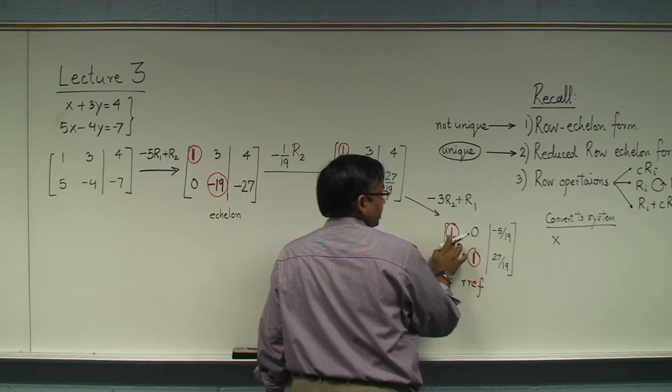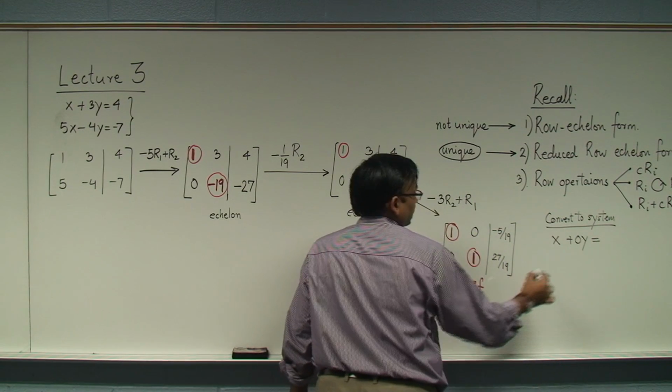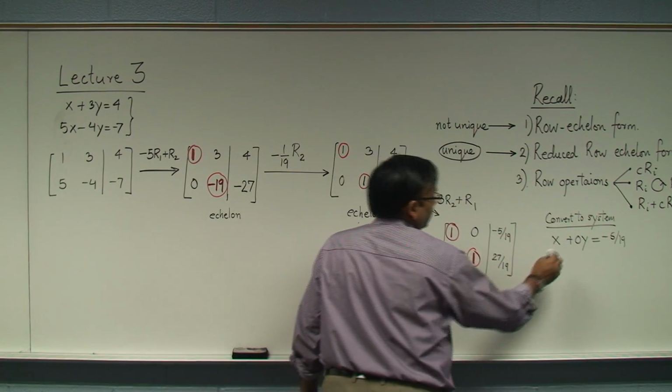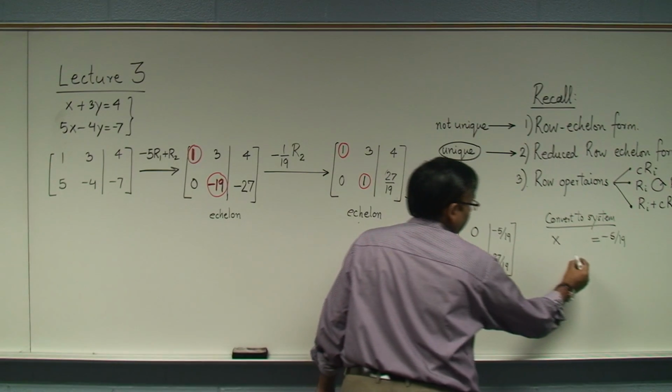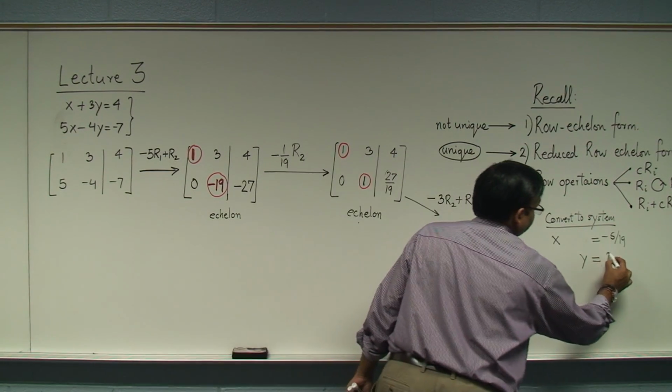This will be x times 1 plus 0y equal to -5/19. So if I ignore the 0y, can I say x is -5/19, and likewise in the second column, y will be 27/19.